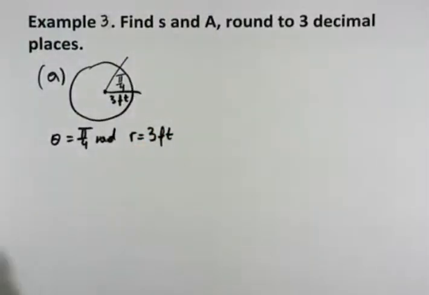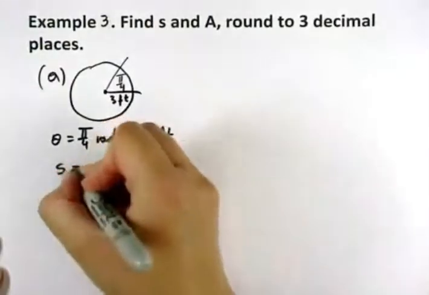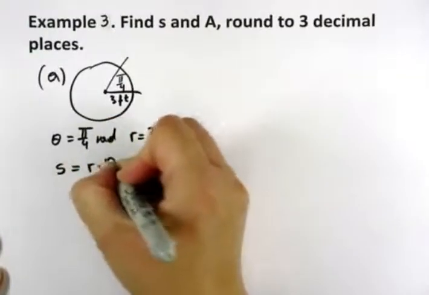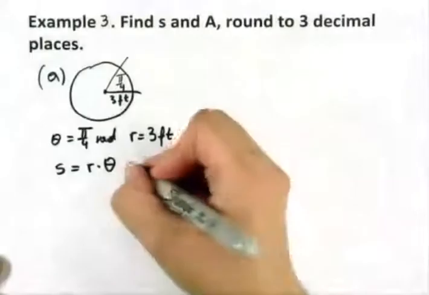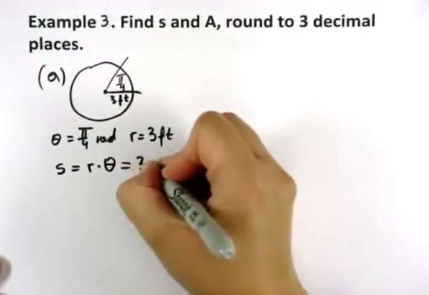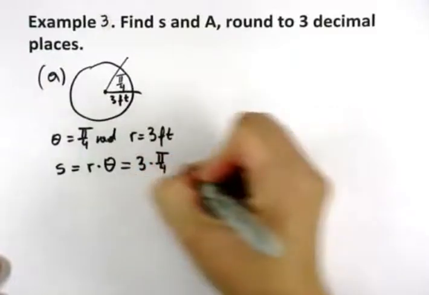So arc length S is r times theta. Theta must be in radians. My theta is in radians, so I can substitute. So this one is 3 times pi over 4.